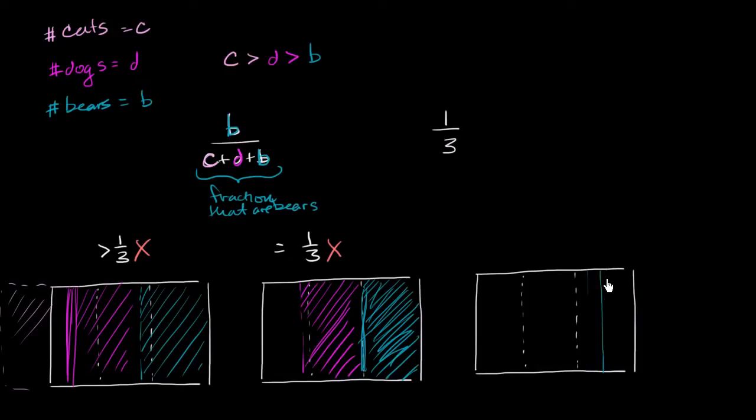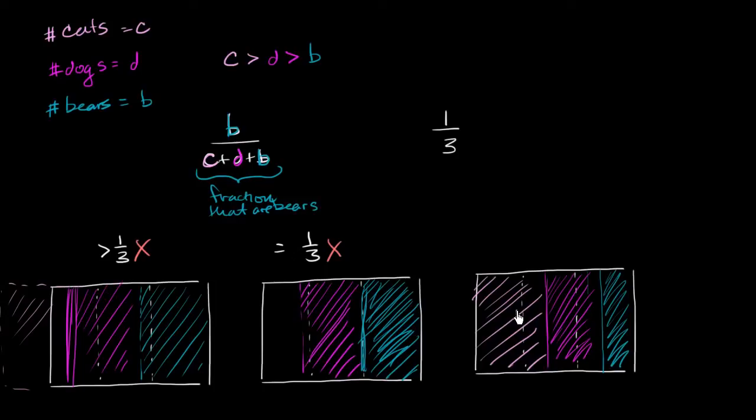So if this is less than 1/3, and let's say the purple, the dogs, are exactly 1/3. Then you could make a scenario where you have the largest proportion of cats. So this would be the cats right over here. That's not the same color as the cats. Let me do the same pink color. So this right over here is our cats.